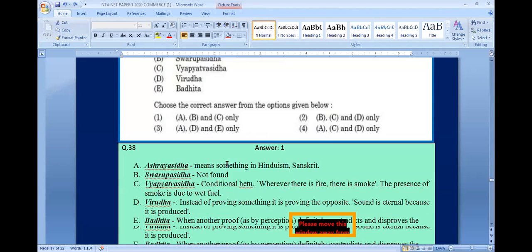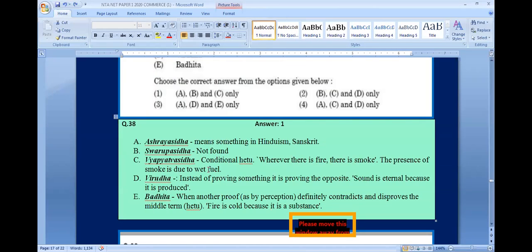Vyapyatva Siddha, conditional hetu. Where there is a fire, there is smoke. Is it true? Yes or no?